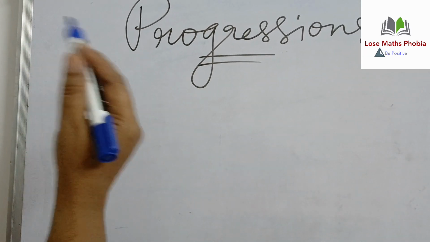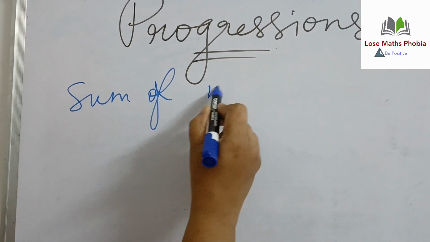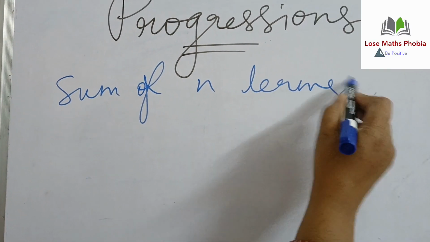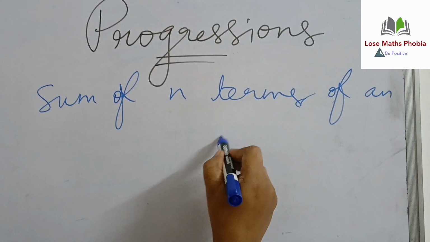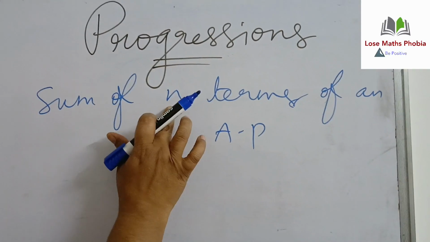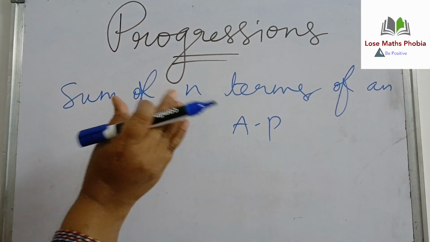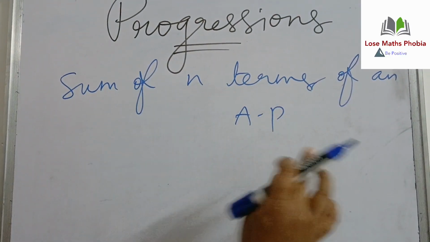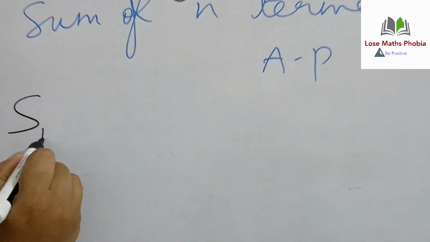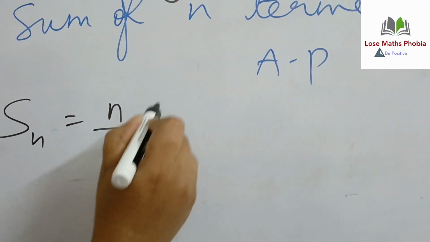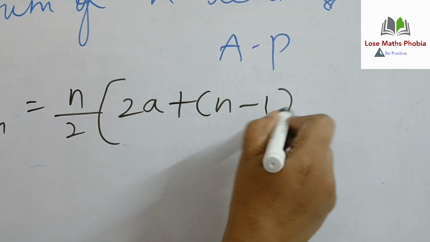Let me discuss one more formula, that is sum of n terms of an AP. N terms means how many terms we don't know. They may ask 4 terms, 5 terms, 7 terms. So sum of n terms of an AP can be written as Sn equals n by 2 of 2a plus n minus 1 into d.